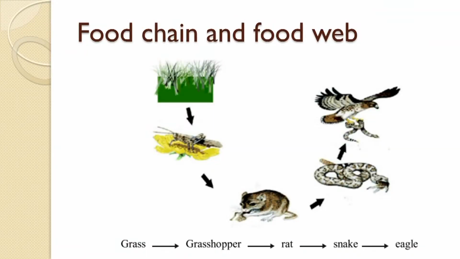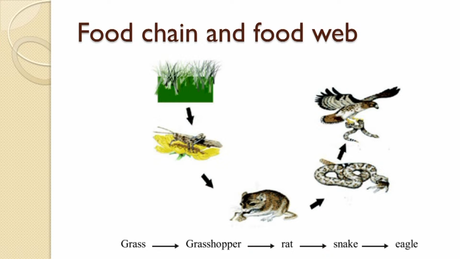In this picture you can see that grass is eaten by a grasshopper, which is further eaten by a rat. A snake consumes that rat, and ultimately an eagle consumes the snake. So this is not a cycle, this is a chain-like process.